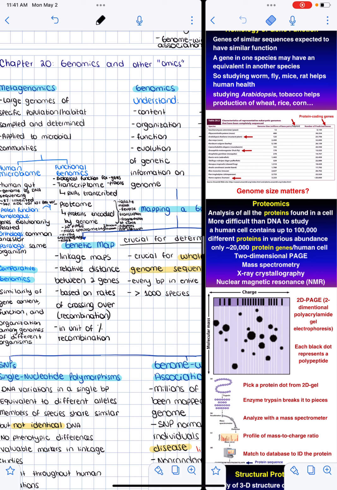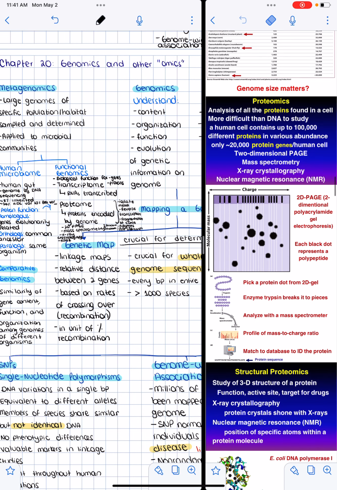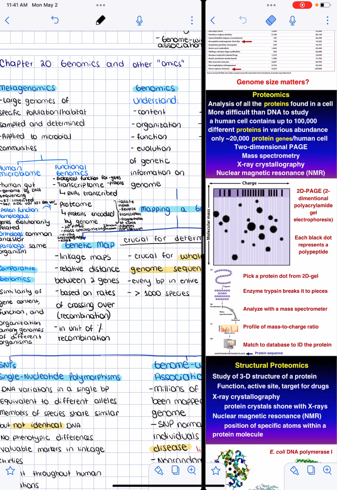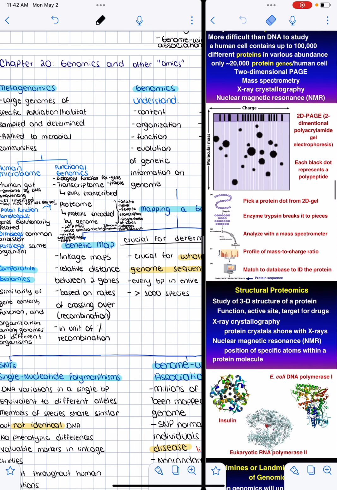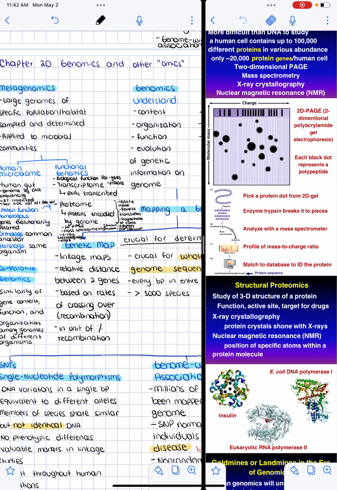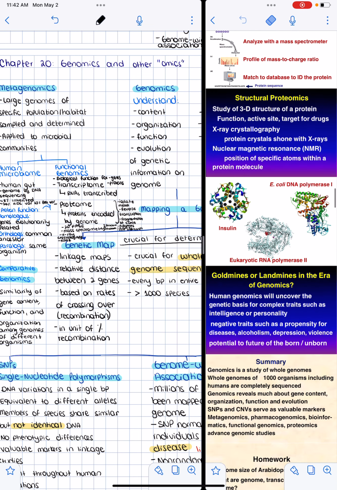The proteins undergo two-dimensional PAGE, and what remains in the gel undergoes mass spectrometry, X-ray crystallography, or nuclear magnetic resonance in order to determine the protein structure.